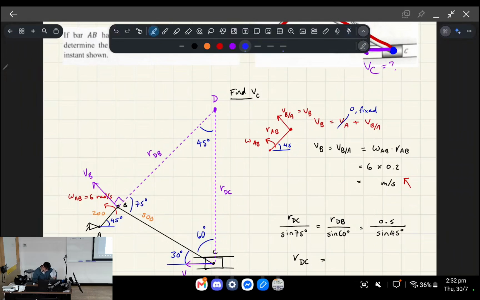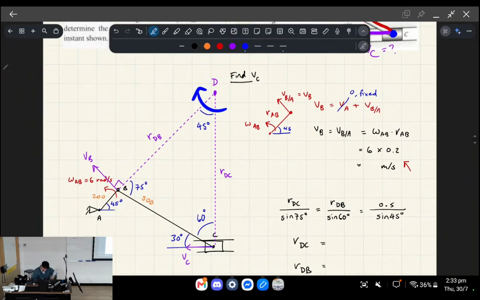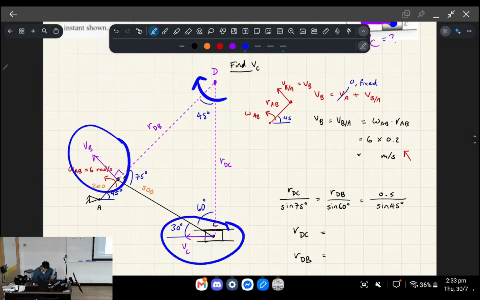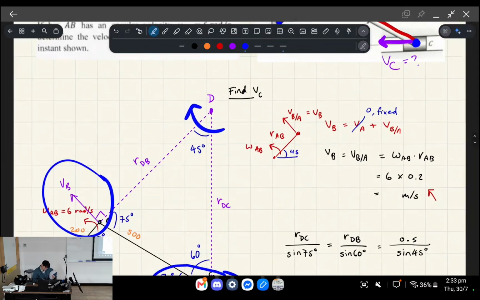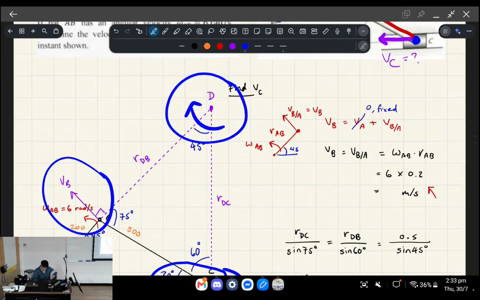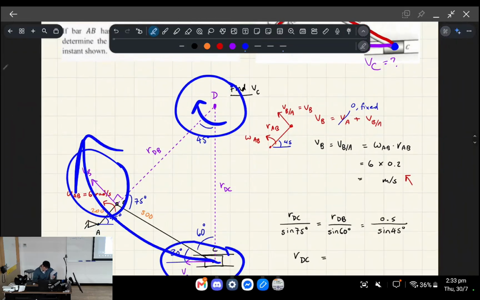The other thing is that these two velocity vectors, or these two nodes B and C, are going to rotate about the instant center either clockwise or counterclockwise. So in our case, we can see that it's going clockwise. So these two arrows are pointed going clockwise.